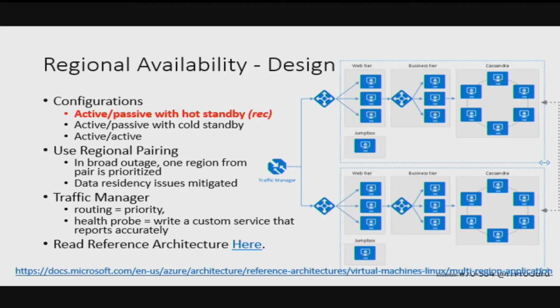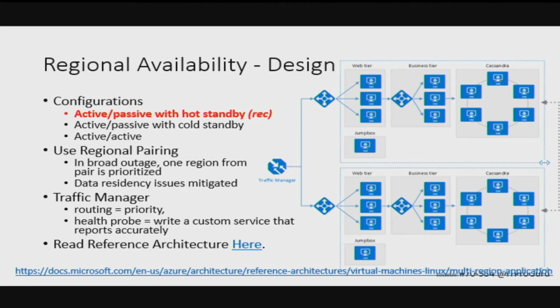Yes. So active-passive is what we're recommending in this design. What you would do there is you put a Traffic Manager in front of your application, and you would use priority routing, right? So the priority would say, only go to this region, and if that region is unavailable, I'll go to this region.